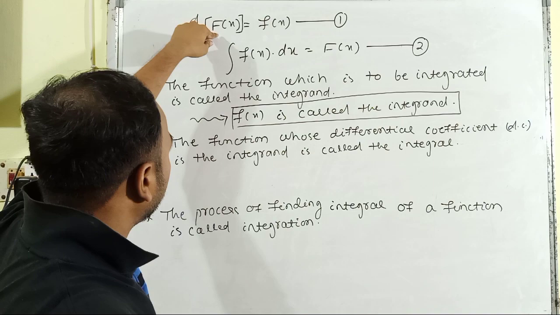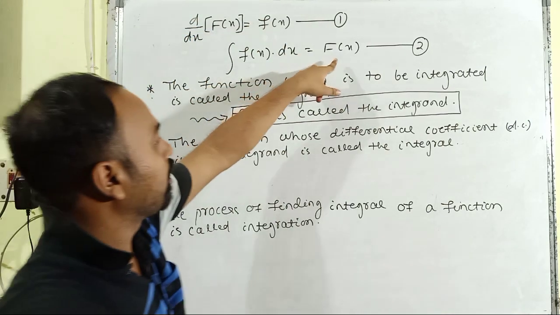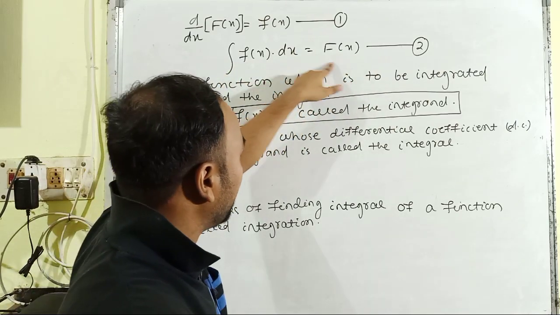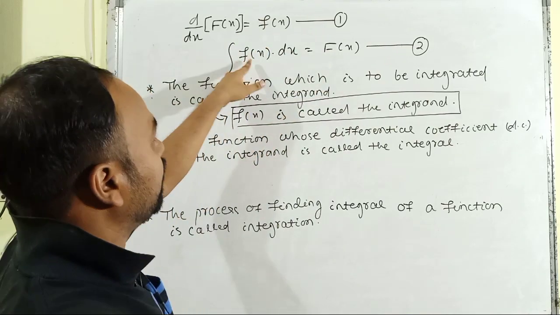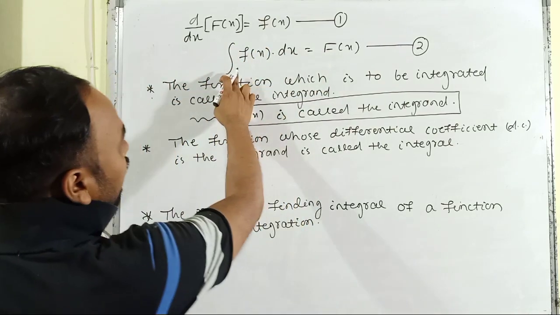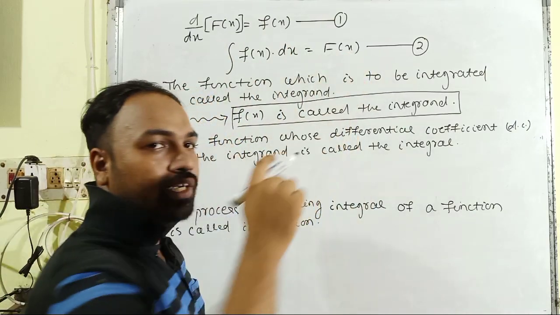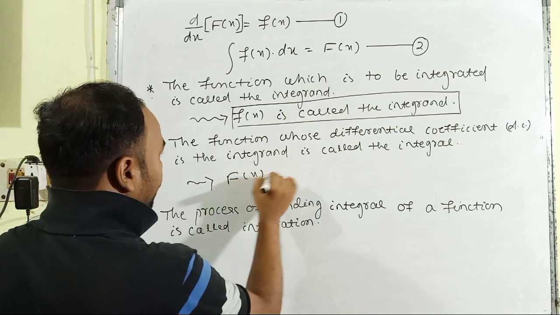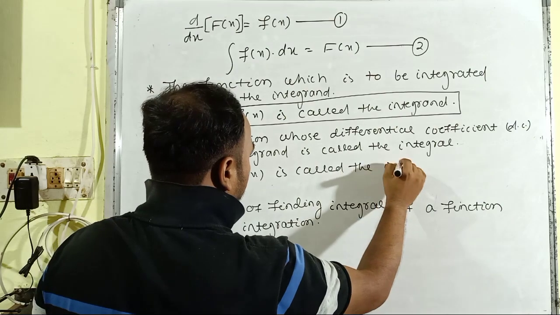So this capital F of x is called the integral, which is on the right hand side of the process of integration. After the process of integration, whenever we integrate the integrand, we get the integral. So capital F of x is called the integral.